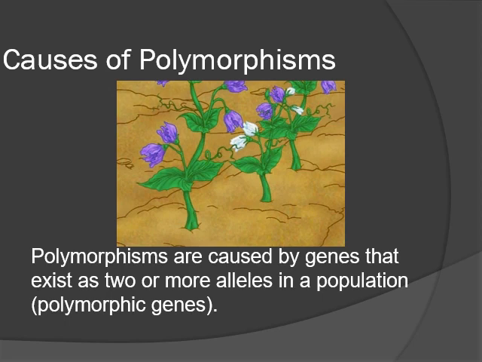Well, suddenly, you've got a slightly different code here. That changes the amino acid sequence. It might mean that the protein is completely non-functional. If you have a non-functional protein in this case, you have no purple pigment made, so it's white. One change in the alleles. You now have two distinct alleles for the same trait. They are polymorphic genes.